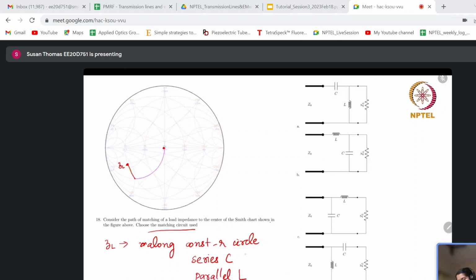So from the load, first you have a series capacitance and then a parallel inductor. So this is the right option, option D. Once you know the matching circuit, you know how the LC matching circuit helps in the matching.